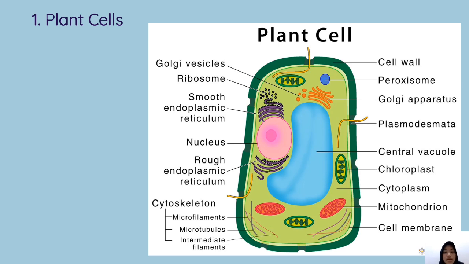Apart from plants, they are also present in algae. The function is maintaining turgidity of the cell that prevents plants from wilting, and then storing of reserve food, water, and waste materials of the cell, and then breaking of macromolecules into simple ones using specific enzymes present inside them.